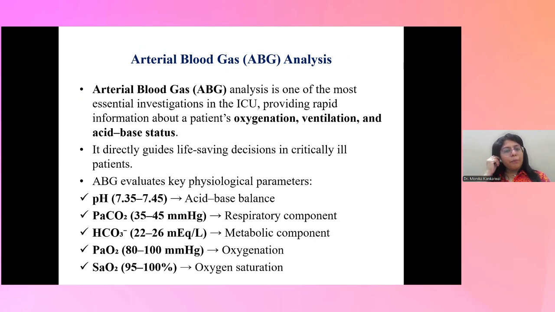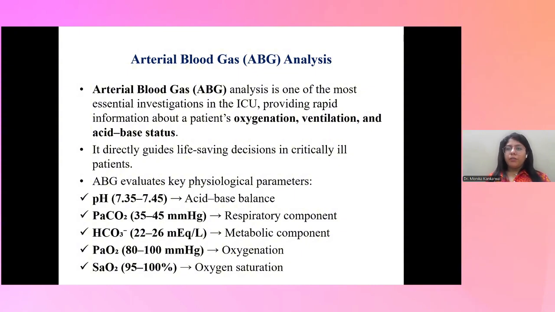The physiological parameters which ABG analyzes are, first, pH. As we know, the normal pH ranges between 7.35 and 7.45, which indicates the acid-base balance of the patient.